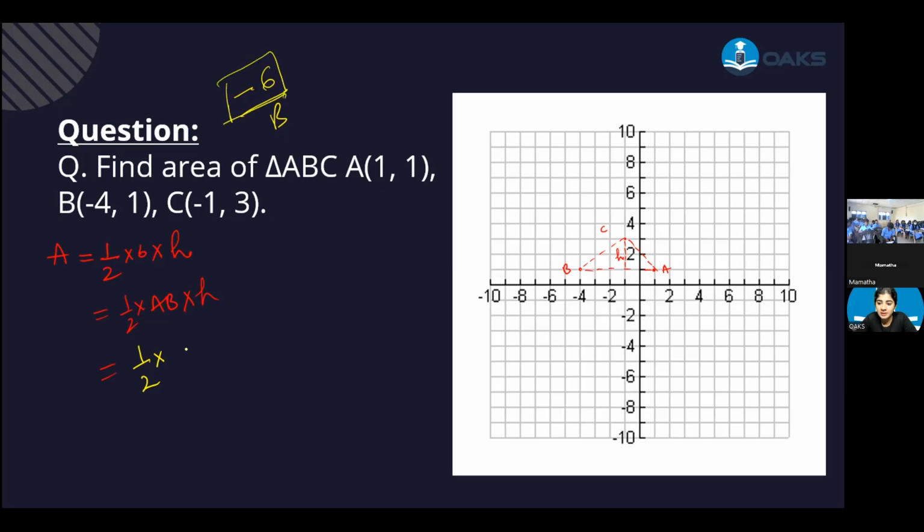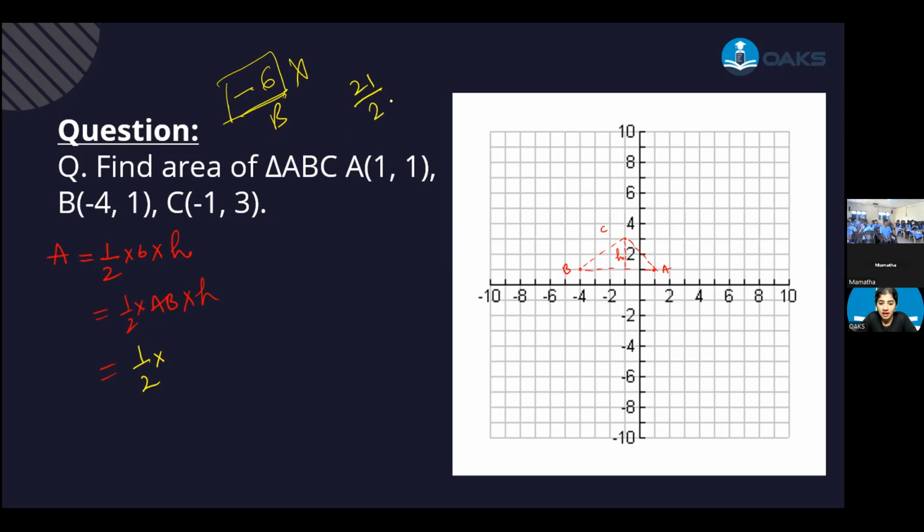I am just telling that area of some figure cannot be negative. It is not correct. So what is the correct answer? Again, kindly come forward. I cannot hear. 21 and a half, madam. 21 and a half. Okay. 21 and a half means 21 by 2, you are saying?